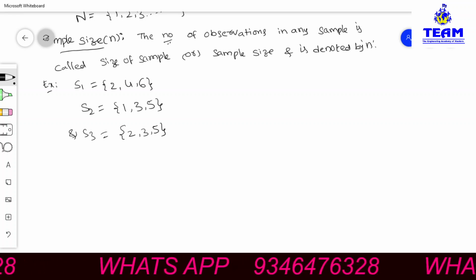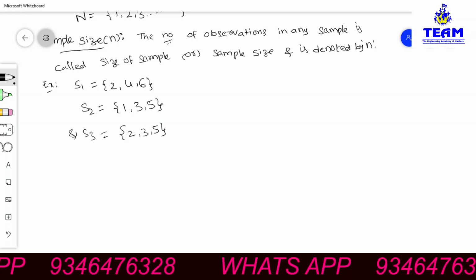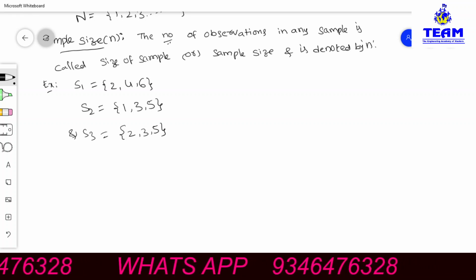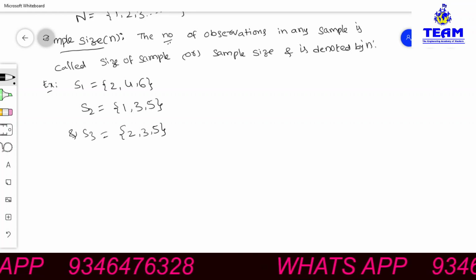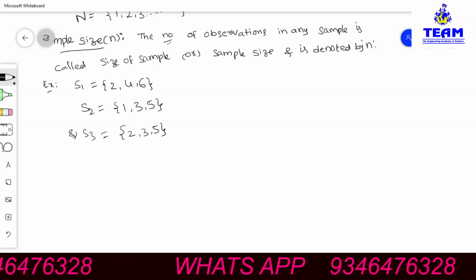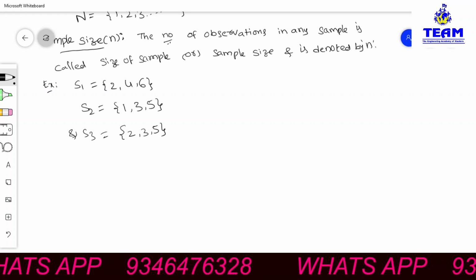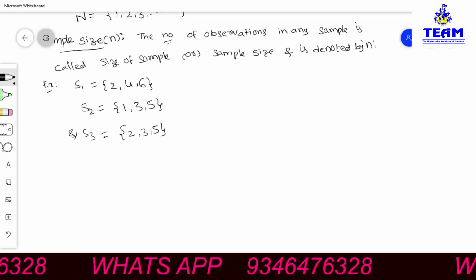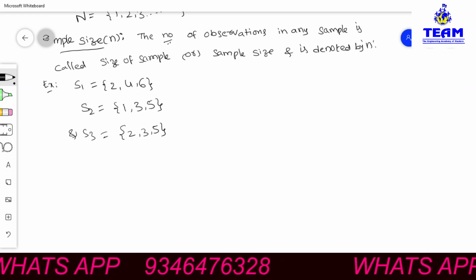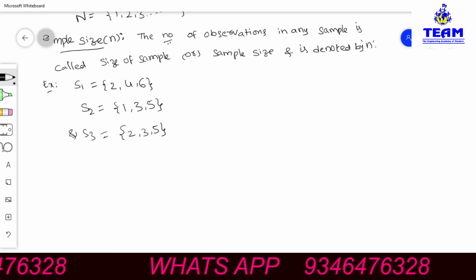Okay, friends, up to now we discussed what is a population, what is a sample, and what are the types of population. Now I would like to give the types of samples. If you observe that small n is the sample size, based on this we can define the classification of samples.